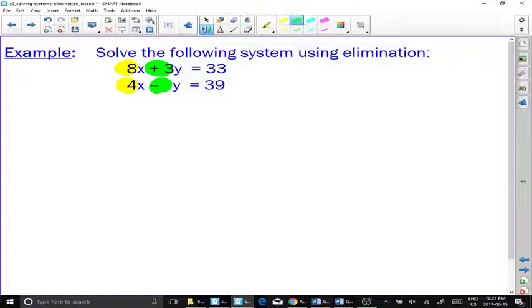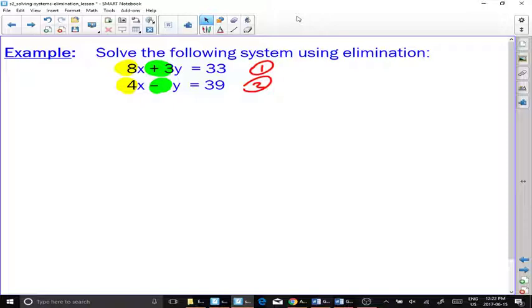What we want is both of the yellow numbers to be the same, or both of the green numbers to be the same. And when I say I want them to be the same, they can be 8 and -8, or just both 8.